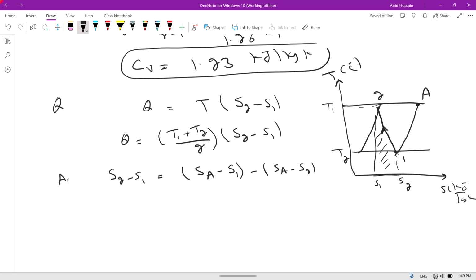This is the constant temperature line and this is the constant volume line. So for the constant temperature process, SA minus S1 is equal to R natural log of VA divided by V1.